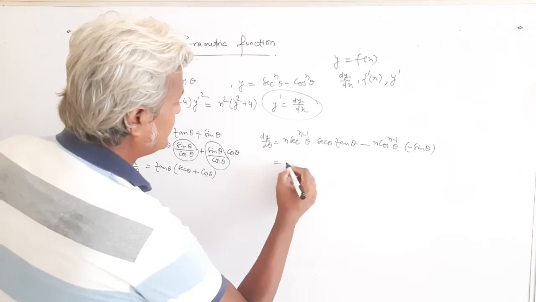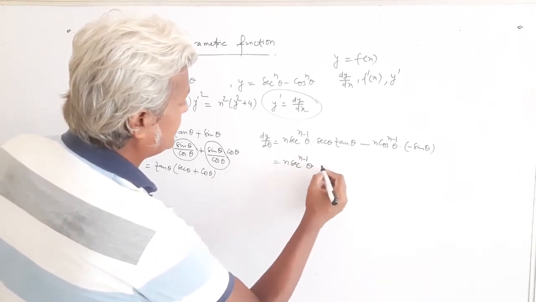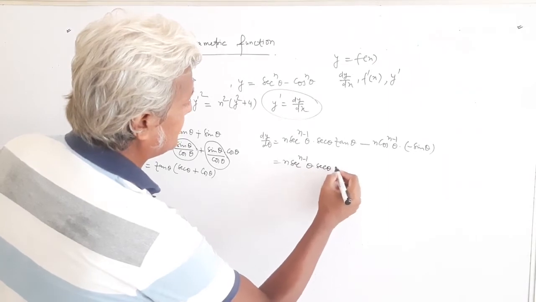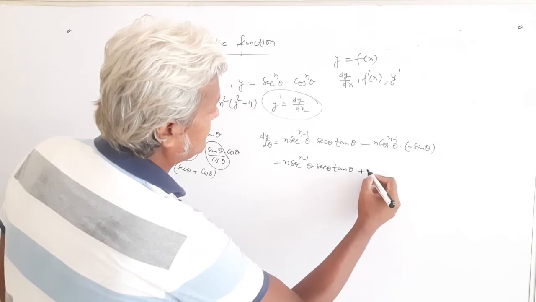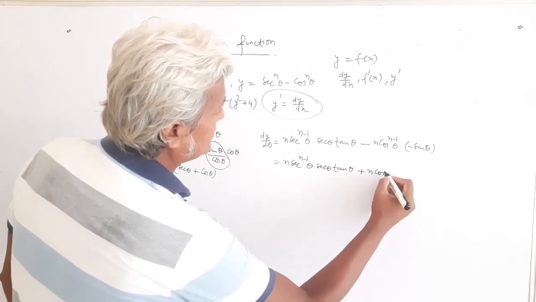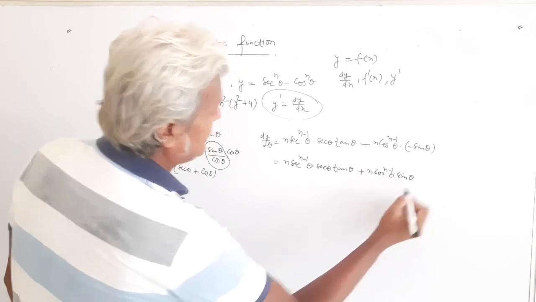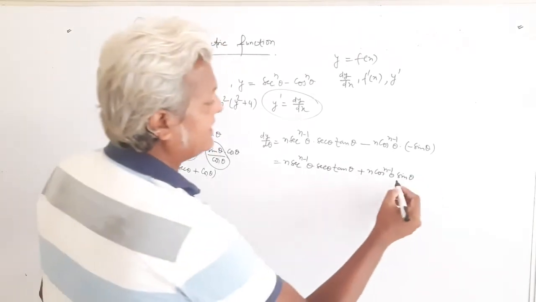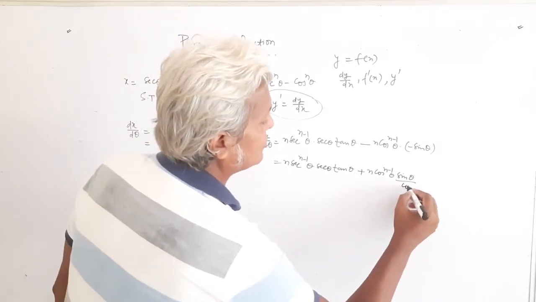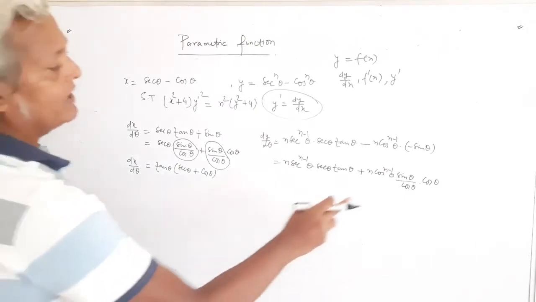So this becomes n sec to the power n minus 1 theta into sec theta tan theta, plus n cos to the power n minus 1 theta into sin theta. Again, to take tan theta common, I need to divide by cos theta and multiply by cos theta. Then only you can have a tan theta.